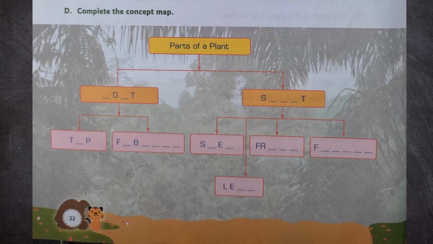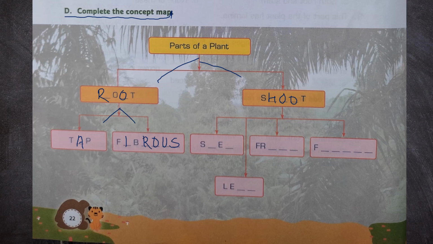So now D, complete the concept map. Parts of a plant, we have two types, root and shoot. R-O-O-T, root. S-H-O-O-T, shoot. Now root has two types, tap root and fibrous root. F-I-B-R-O-U-S, fibrous roots.